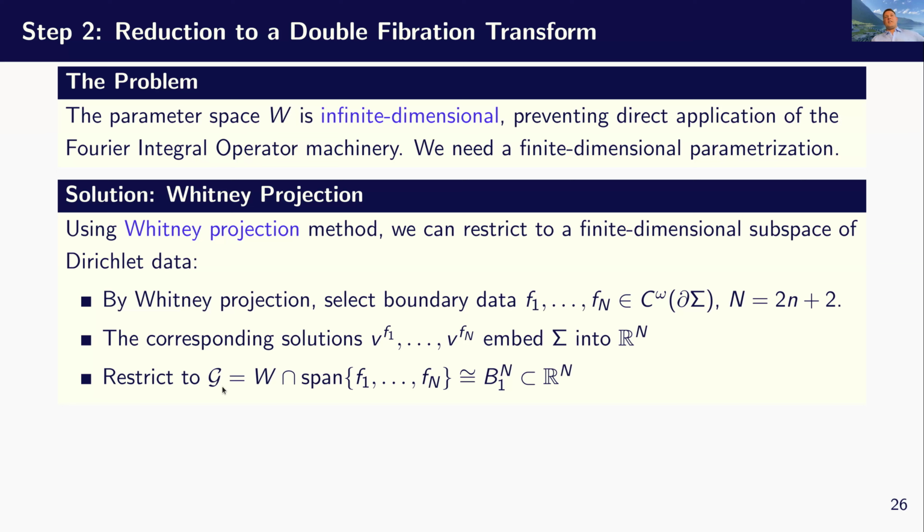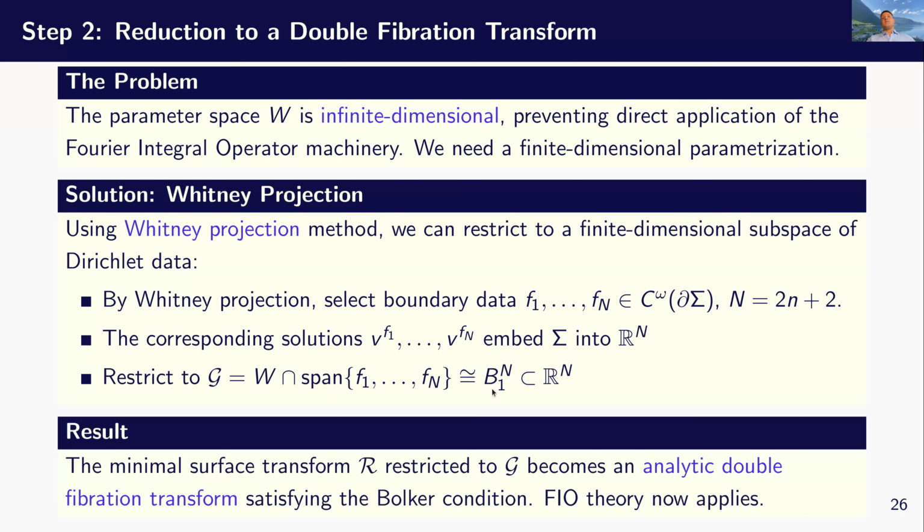So we restrict our data space to this G, which is our original W intersected with the span of F1 to F capital N. So this is just a ball in R capital N. So that is our data space at the moment. With this, the minimal surface transformation becomes an analytic double fibration transformation, and we saw that it satisfies the Bolker condition. And we can use the FIO theory now.